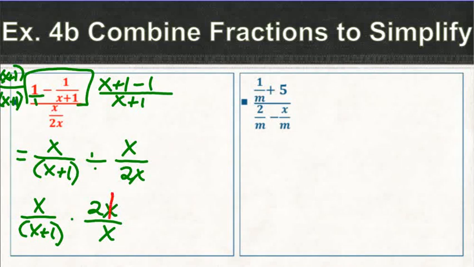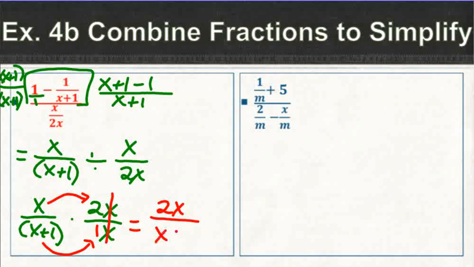There's an x in the numerator and an x in the denominator. Now I just multiply numerator times numerator. So x times 2 is 2x. X plus 1 times 1 is x plus 1. This would be my answer. You may pause the video to try a second example yourself.